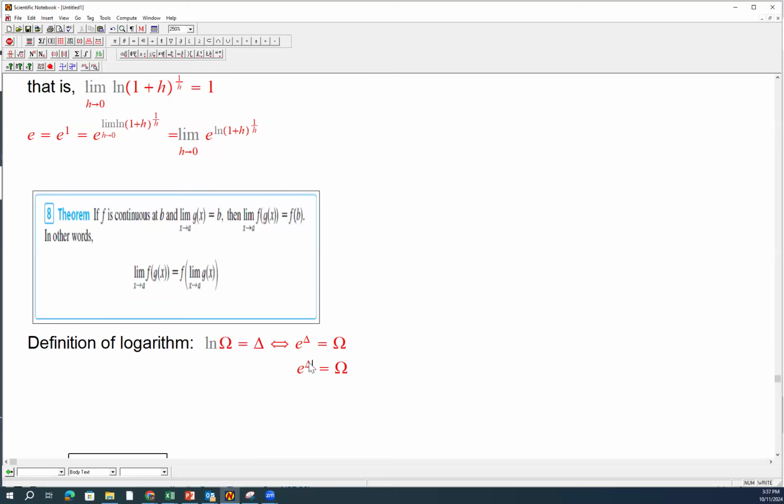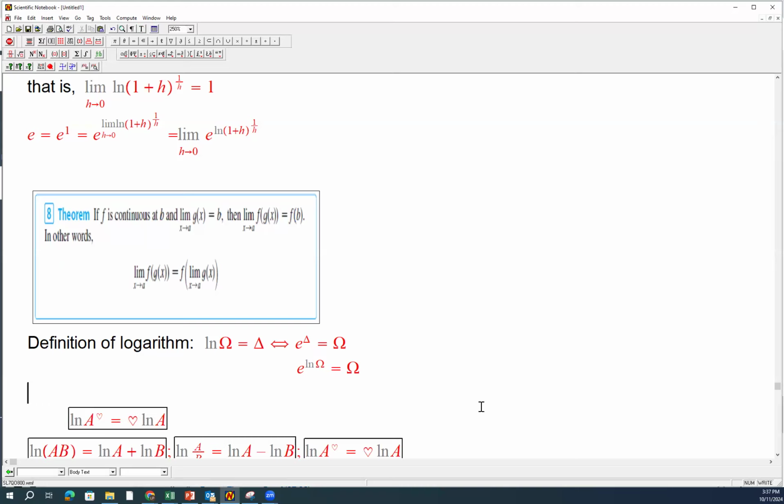So if I replace triangle by its equal, I would place ln omega equals b to the power e equals omega. So this is another identity that you probably have learned before. If you have forgotten, now we're just re-deriving it. That's the other property we're going to use. So I'm going to box it.